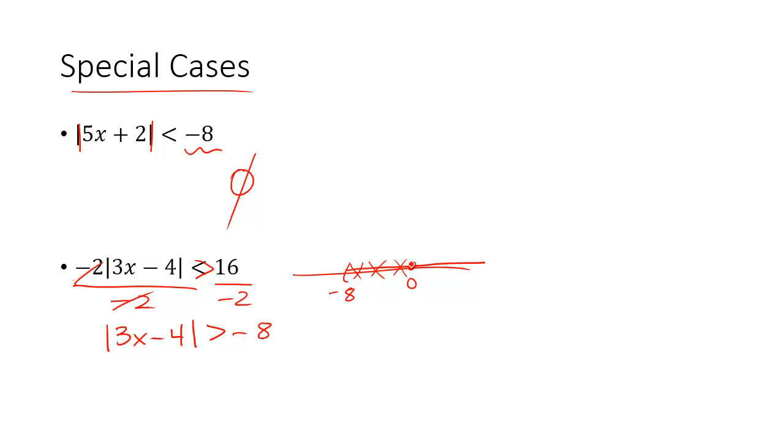But everything greater than 0 is fine. It'll satisfy this inequality. But isn't absolute value of anything always greater than or equal to 0? This would mean that x could be anything. Therefore, the solution here is all real numbers.